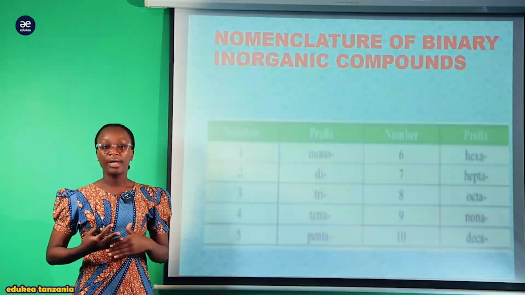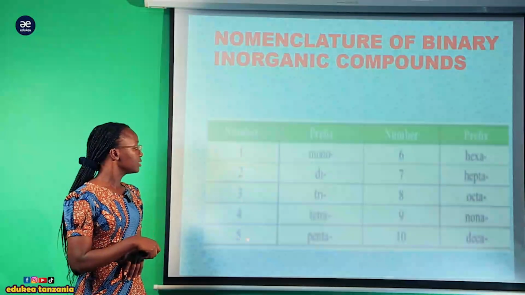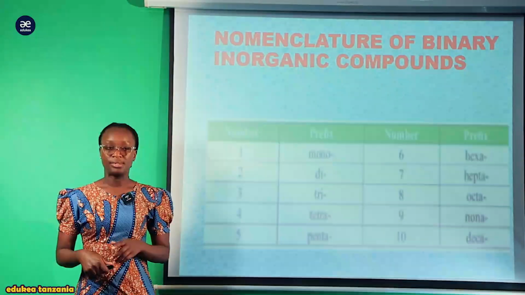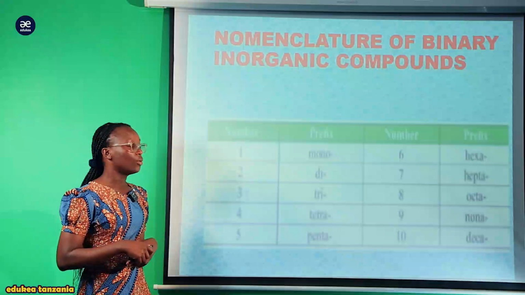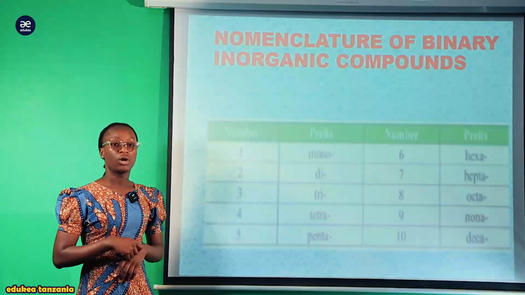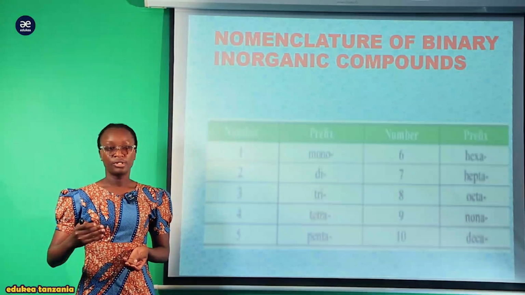So how are you going to name this compound? You consider these numbers, and that is where you provide these prefix names. Once you have 1, we are going to have mono, and when you have 2, you're going to have di. So your element will be di. You proceed with your element.